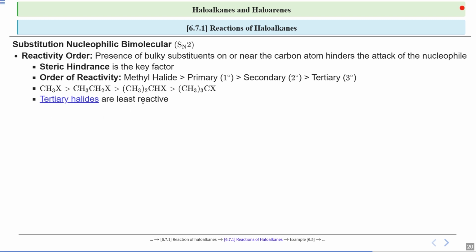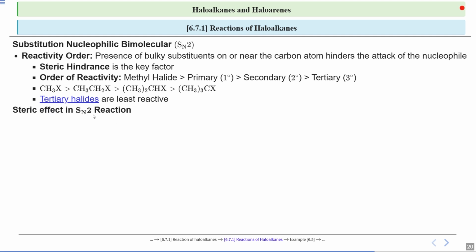So tertiary halides are least reactive because in tertiary alkyl halides, at the carbon, there is a presence of bulky substituents which hinders the attack of the nucleophile. So steric hindrance will be there, due to which the nucleophile can't properly attack the carbon to form the bond with it. So tertiary halide reactivity will be least.